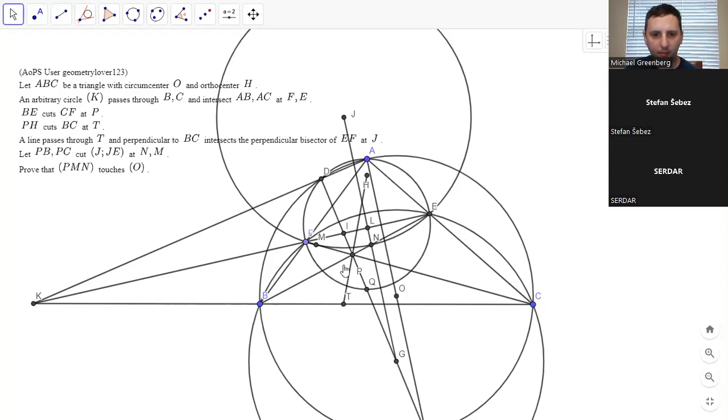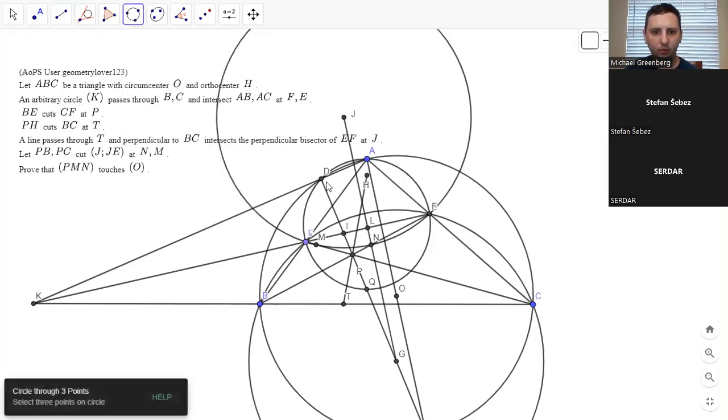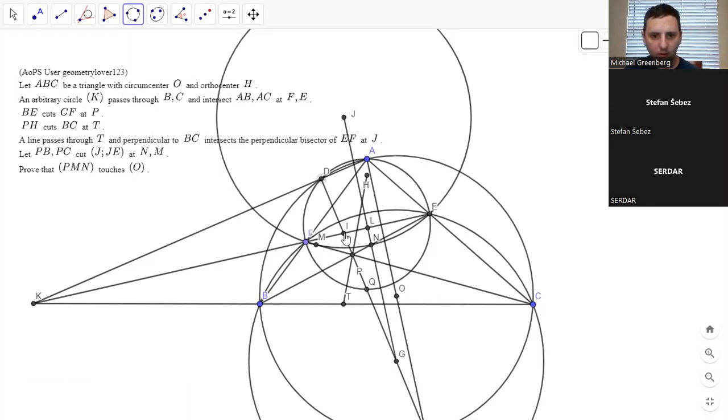But MNP is MFE. So we want to show MFE is MDP. So I think we want to show DFMI is cyclic. Is that true? Yeah. And D, N, I, and E is cyclic.